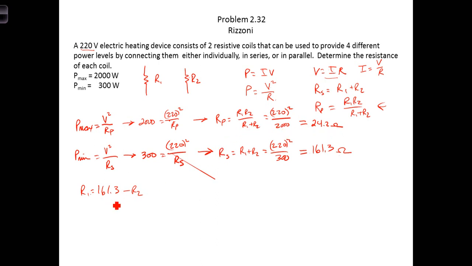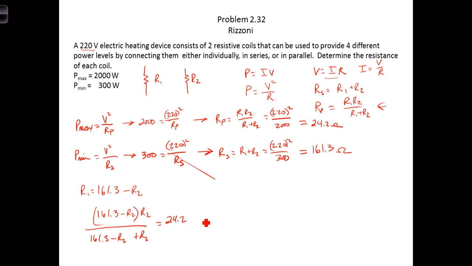Substituting in this expression for R1, we get 161.3 minus R2 times R2 divided by R1 plus R2, or 161.3 minus R2, that's R1, plus R2 equals the 24.2 ohms.